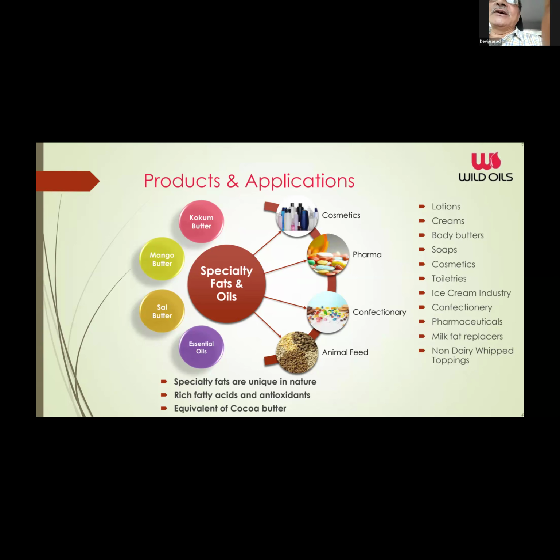In the same way, essential oils play a very important role. You may have heard about oils like rose oil, sandalwood oil, citronella, lemongrass, tulsi. All those oils are extracted from various kinds of herbs, from parts like leaves, barks, and stumps.